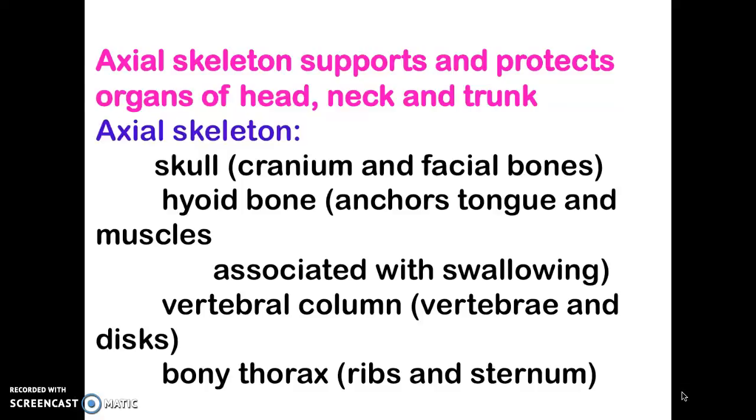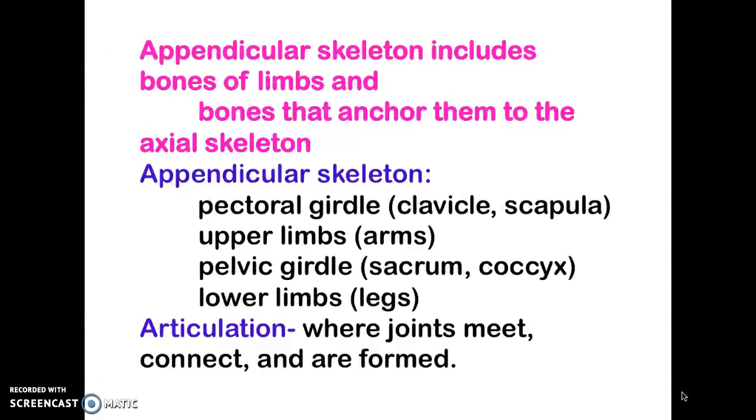The vertebral column is the vertebrae and the vertebral discs, and then the bony thorax is the ribs and sternum. The appendicular skeleton includes bones of limbs and bones that anchor them to the axial skeleton. In the appendicular skeleton, there's a pectoral girdle, upper limbs, pelvic girdle, and lower limbs.